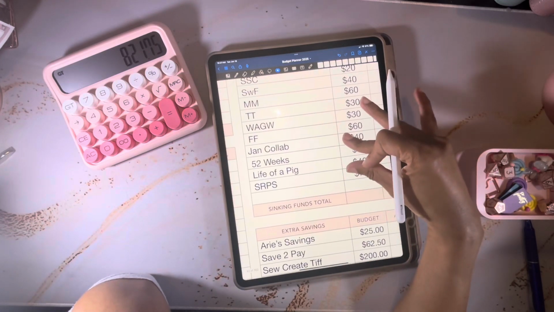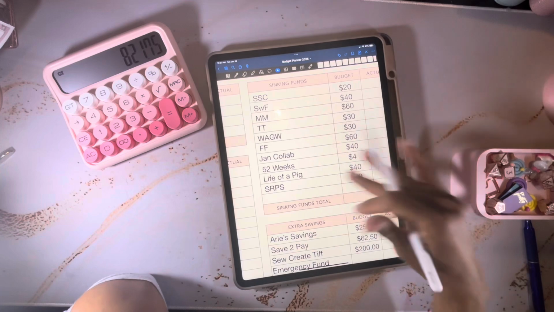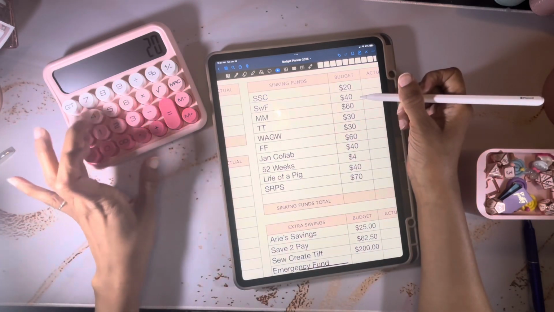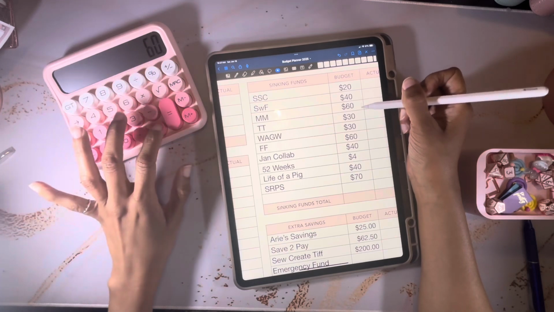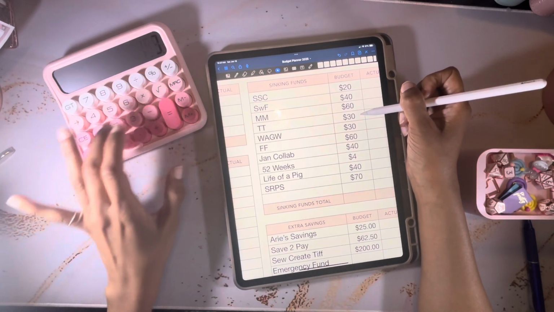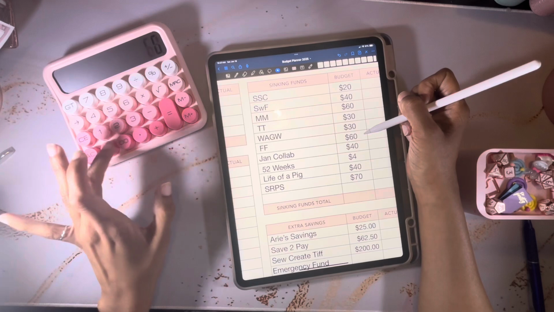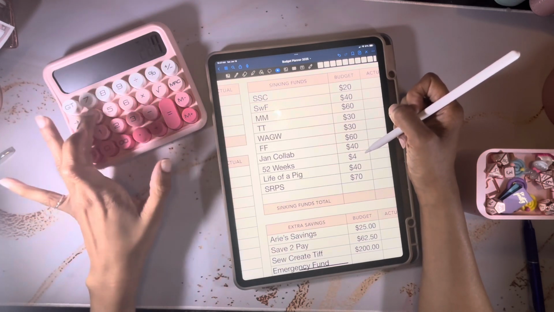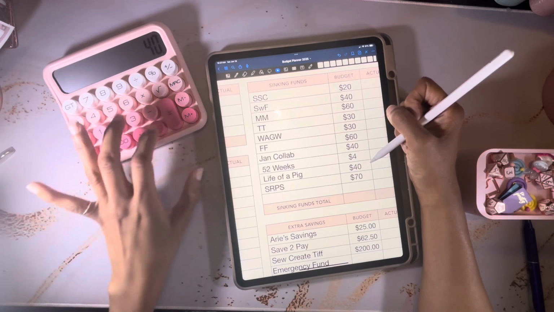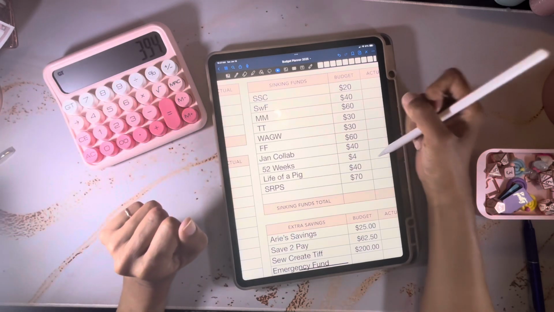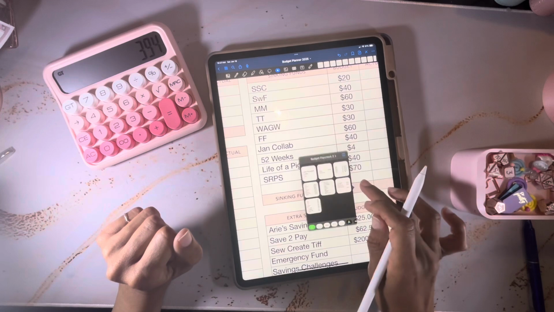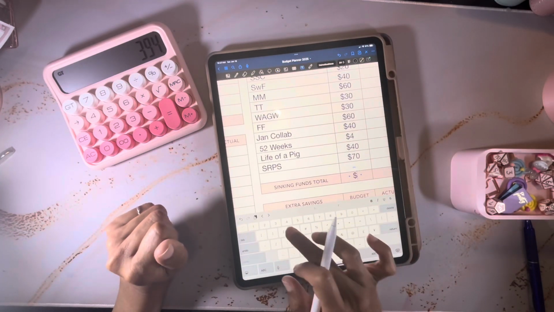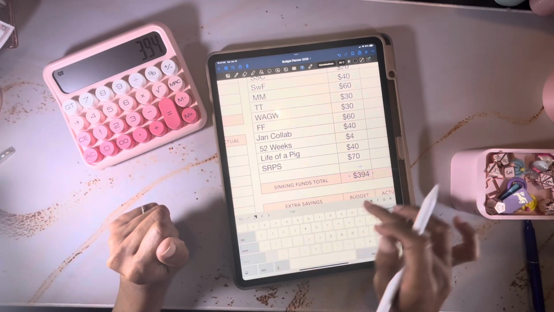And so now what I need to do is calculate this up and see how much we have. So we have 20 plus 40 plus 60 plus 30 plus 30 plus 60 plus 40 plus 4 plus 40 plus 70. And that gives me $394. So let's go and put 394.